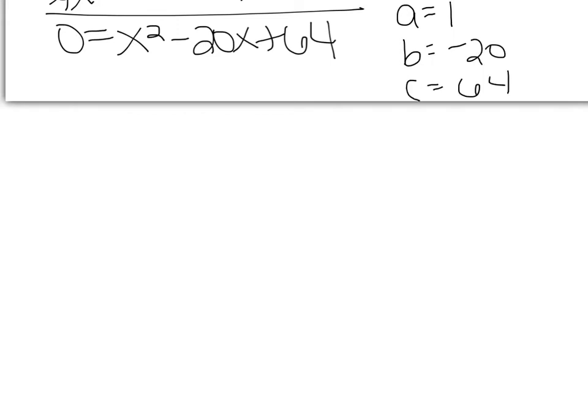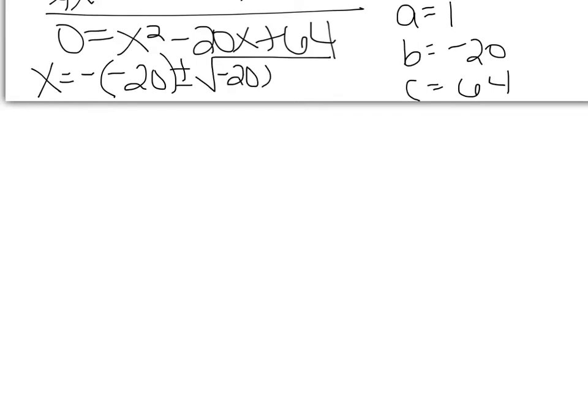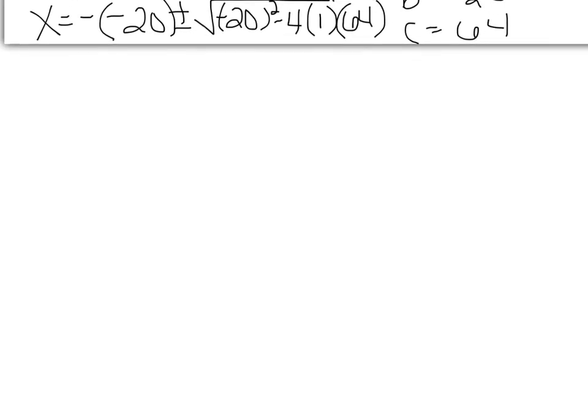So make sure when you plug into the quadratic formula, you have x equals negative b. B is a negative number, so it's negative 20 plus or minus the square root of b squared, so negative 20 squared minus 4ac, all over 2a, which is 2 times 1.